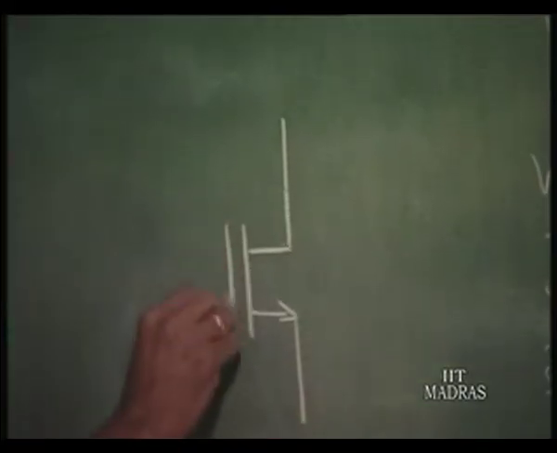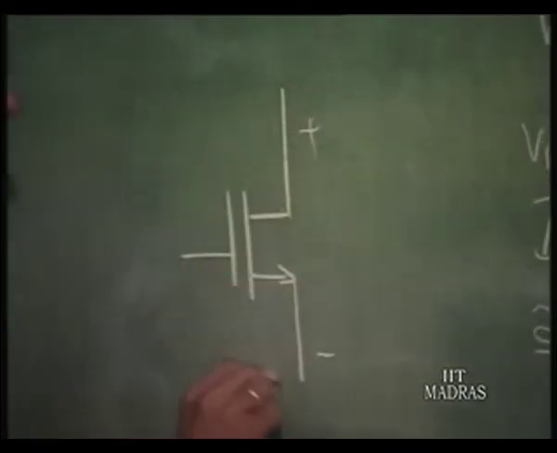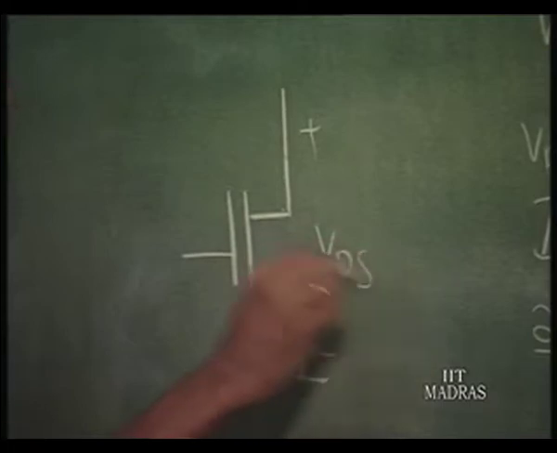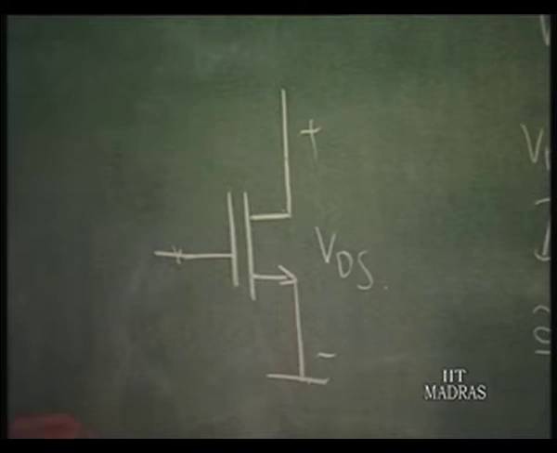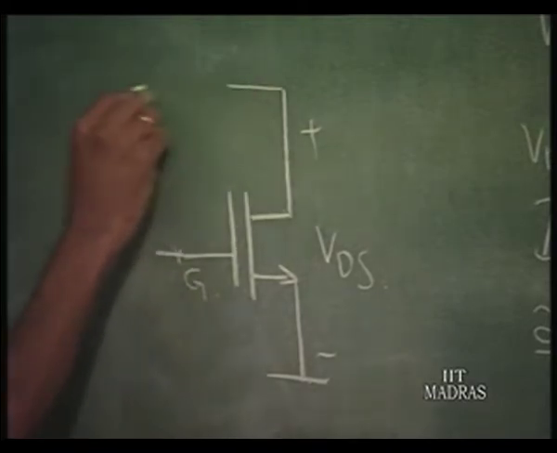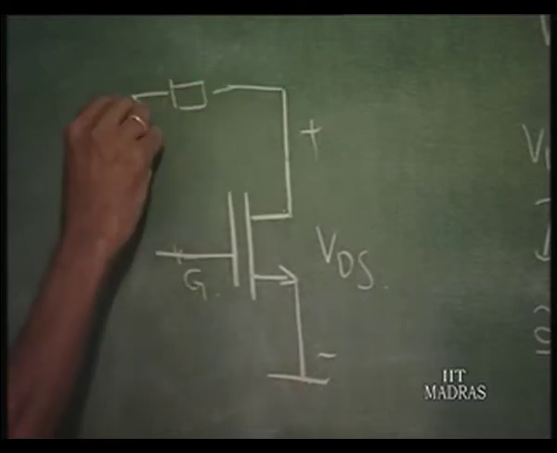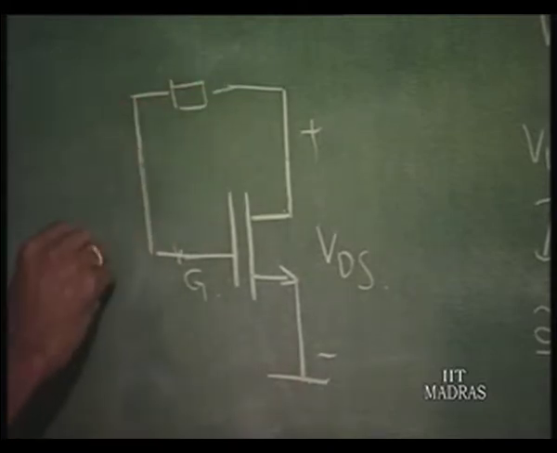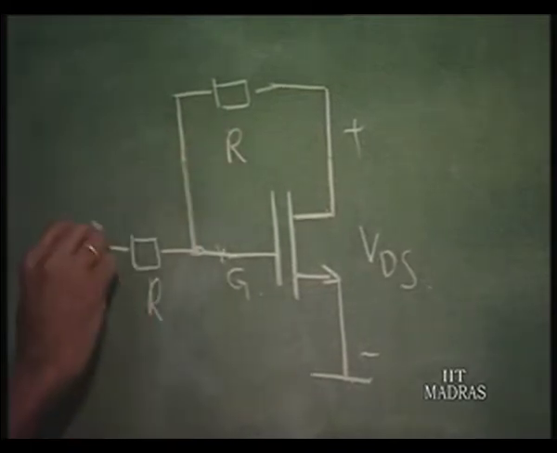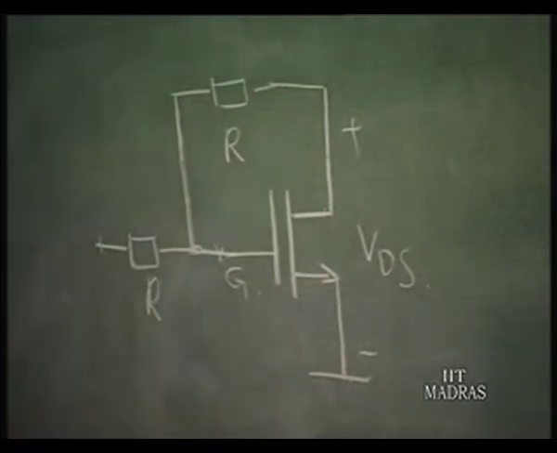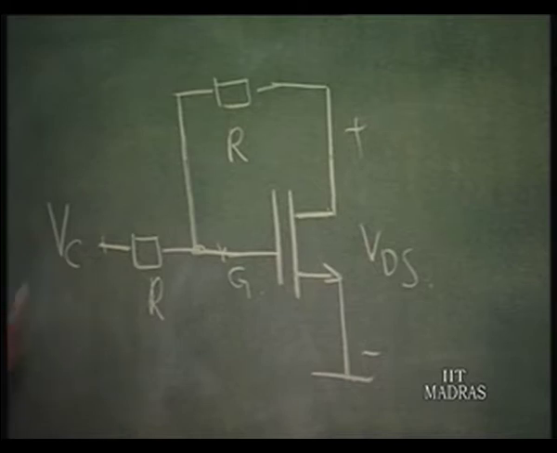This is VDS, okay, and this is VGS, right, this is G. So, I take part of the VDS and feed it back. That part of VDS I take to VGS is going to be VDS by 2, using R and R. Output, so I put a control voltage here.